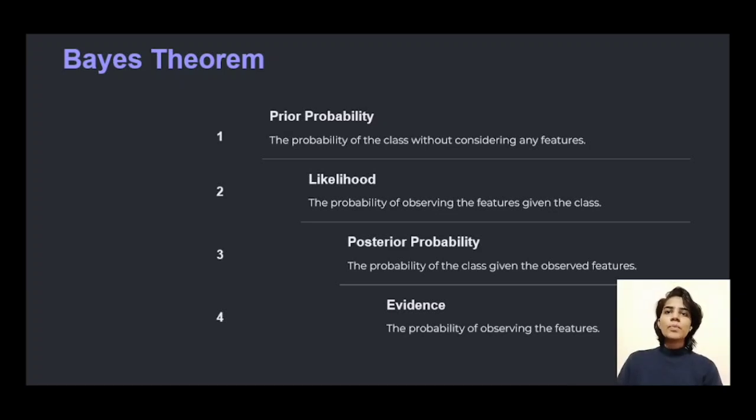Prior probability, the probability of the class without considering any features. Likelihood, the probability of observing the features given the class. Posterior probability, the probability of the class given the observed features. Right? The probability of observing the features.